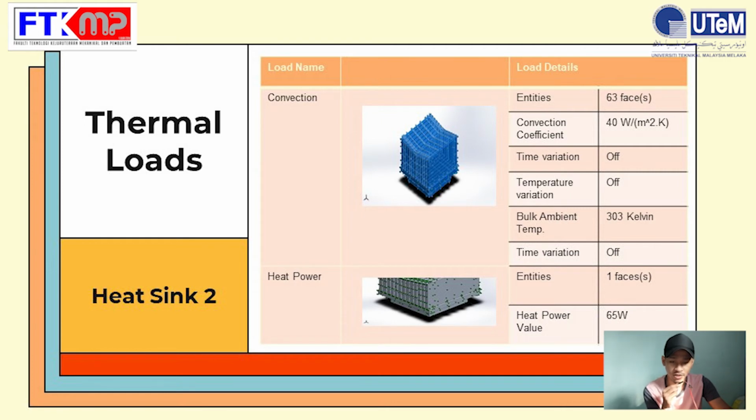The convection coefficient is 40 watt per meter squared Kelvin. We apply the convection coefficient to all of the surfaces except the bottom surface of the heatsink. The ambient temperature is 303 Kelvin, which is the surrounding temperature.